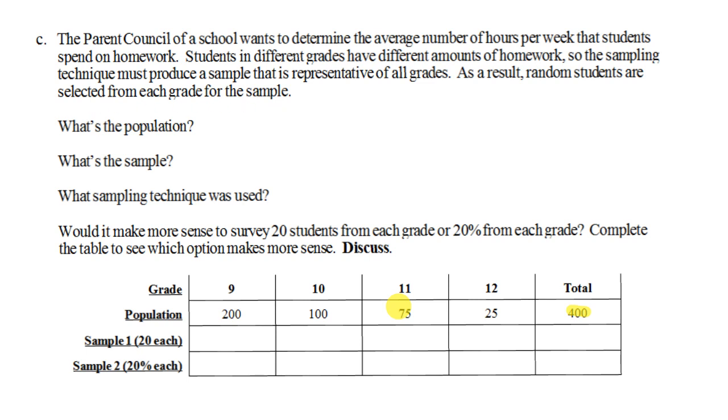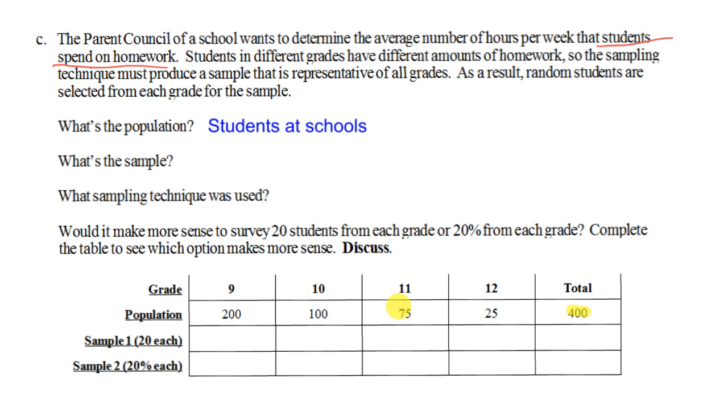All right. Now, if I wanted to figure out what the population is, remember, we said it was parents of a certain school want to determine how much time students spend on homework. Now, the sample is going to be the students at the school. And why is that?